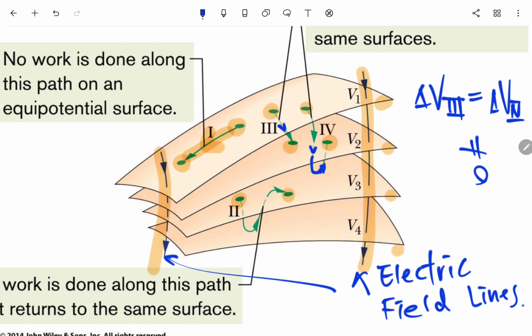The relationship between the electric field lines and the equipotential surface is that the electric field lines are always perpendicular to any equipotential surface, even though the equipotential surface may not be a plane.